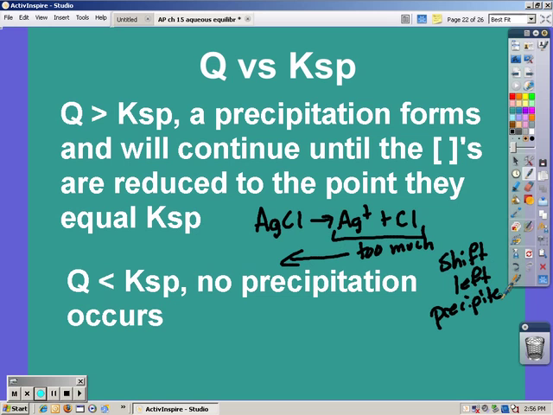Q will be greater than KSP at that point because our initial concentrations are too high as products. So the greater the Q or KSP value, the more products you have.